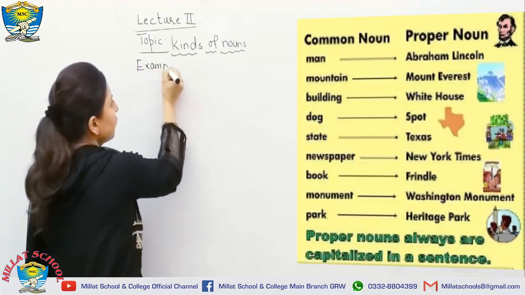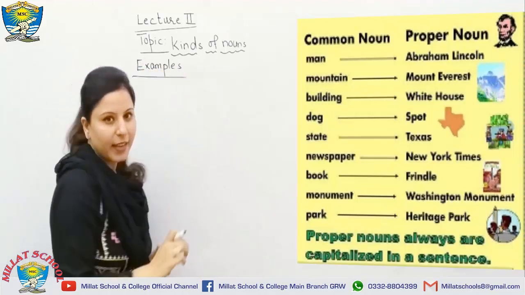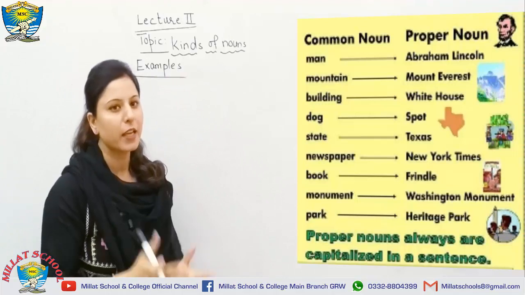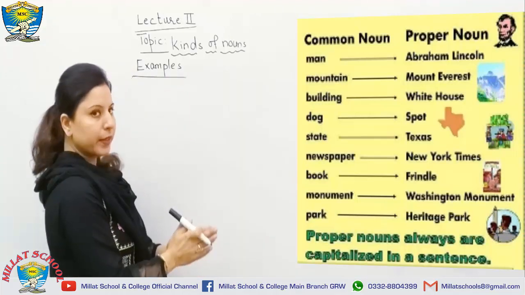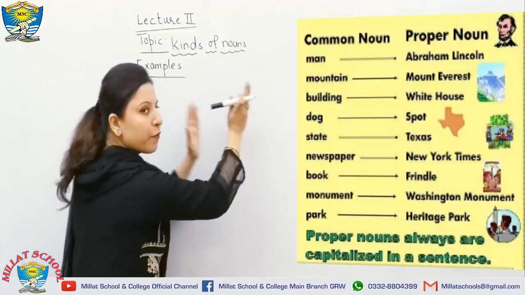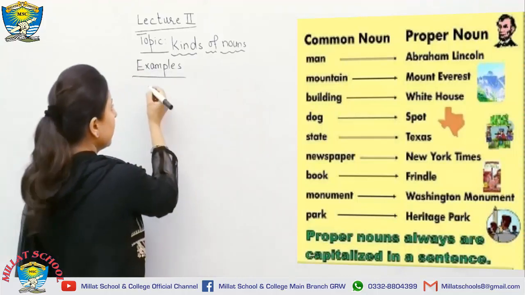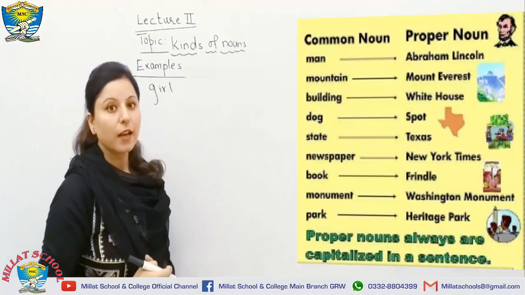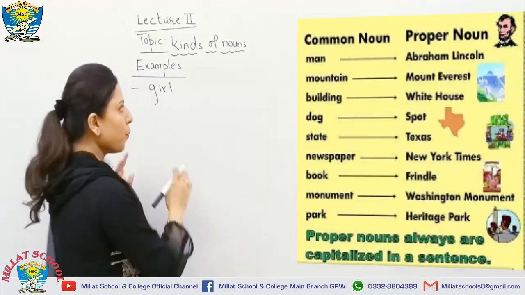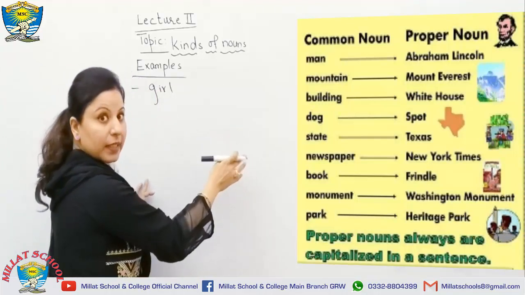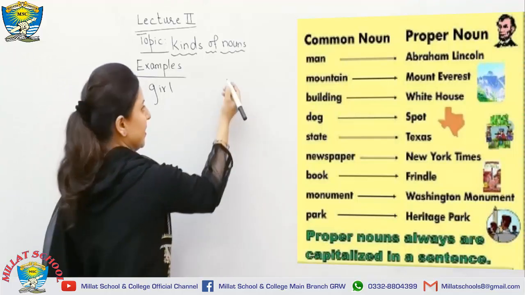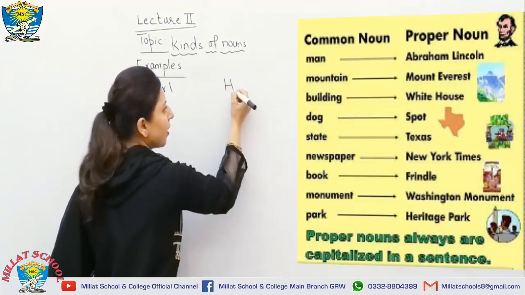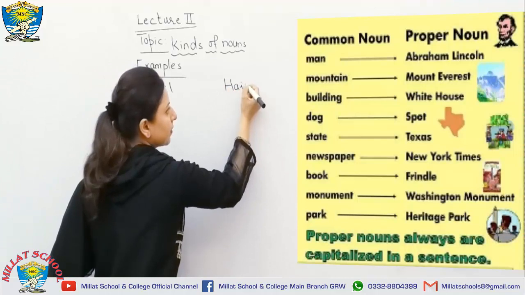Now time for you, students. I also love to share many examples, for the common noun and for the proper noun. Like girl is a common noun. So what's going to be the proper noun? The name of the girl, like Hajra.